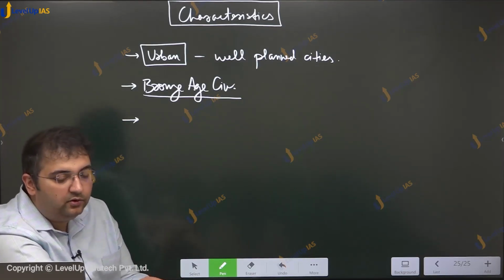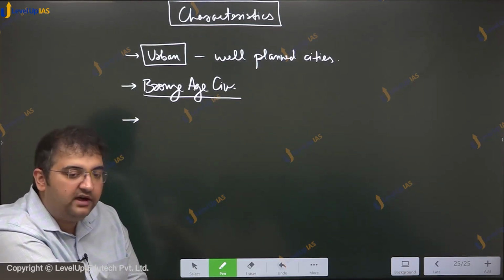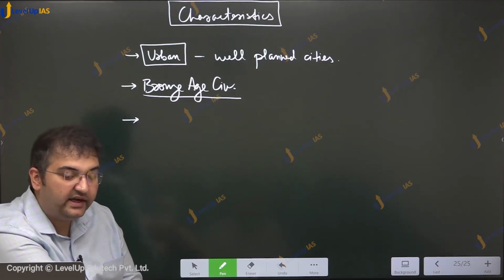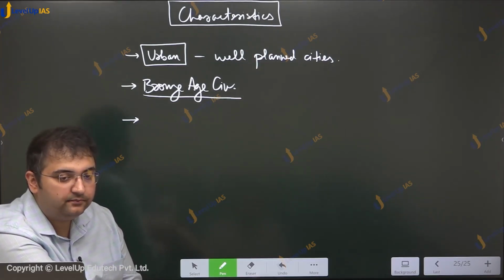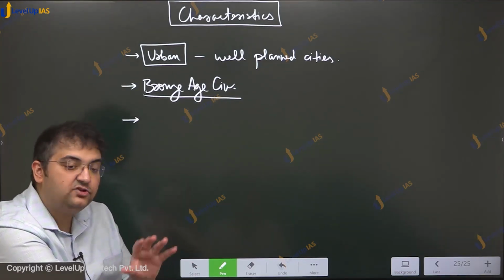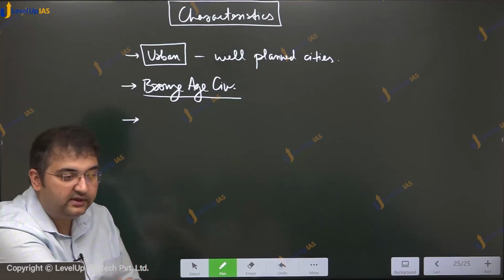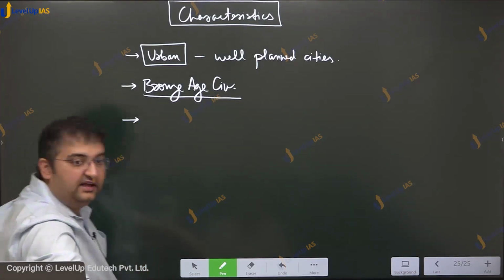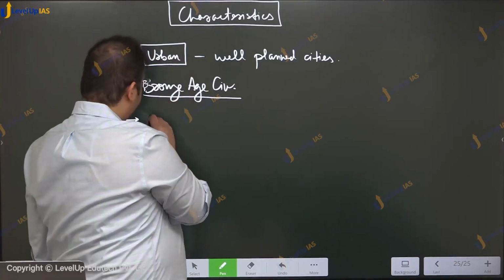Now, if you look at the distribution of prominent Harappan cities, क्या देखने के लिए मिलता है? Most of the cities are located where? Along the rivers. यही देख करके जो पुराने हिस्टोरियंस थे, the early historians, they characterize the Harappan civilization as a riverine civilization.